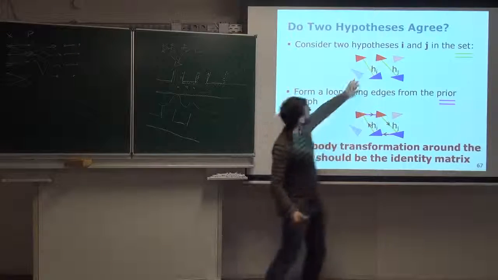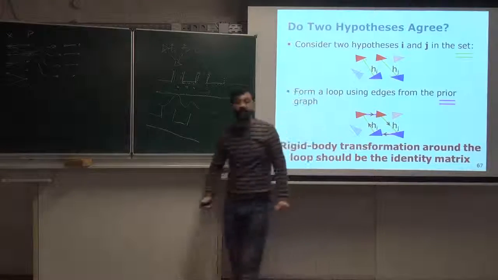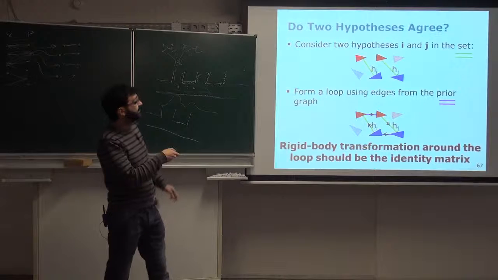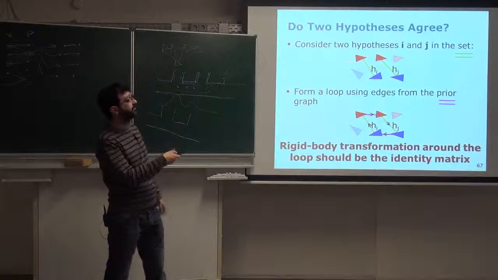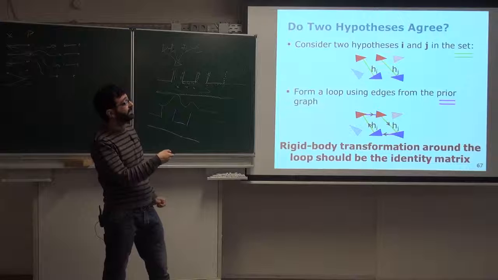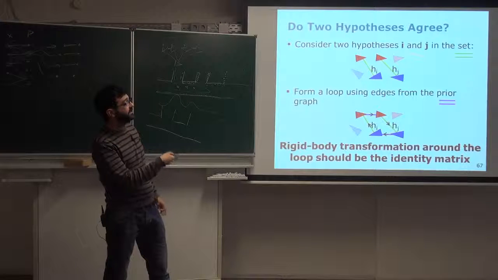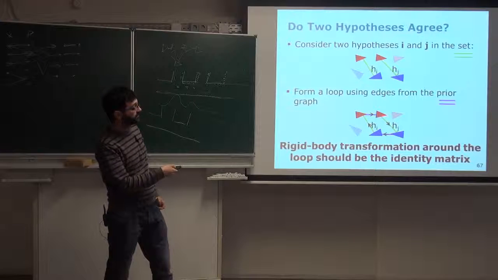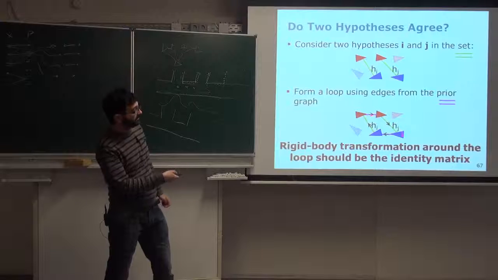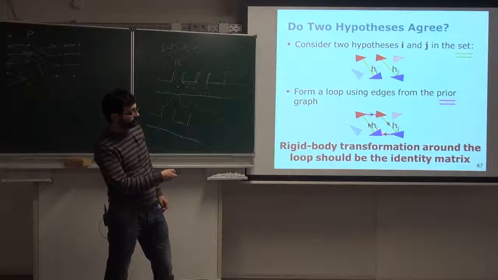Imagine like this. I have these two hypotheses, Hi and Hj. And I know that this path here from the odometry is quite consistent. They're very close by, so there's no mistake in this. And there's also no mistake in here. So these two paths are actually the same. Now, if I go from here to there using the odometry, then I go here from the measurement, I go forward with the odometry, and I go back with the other measurement.